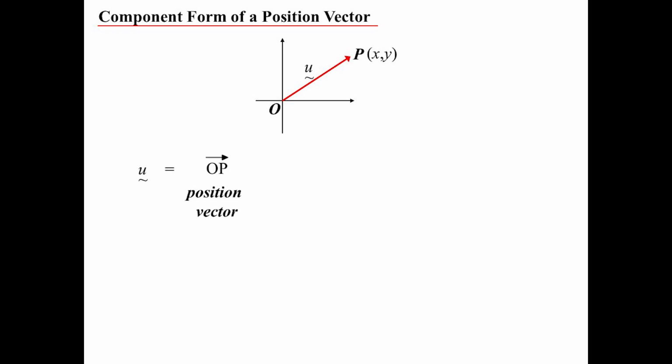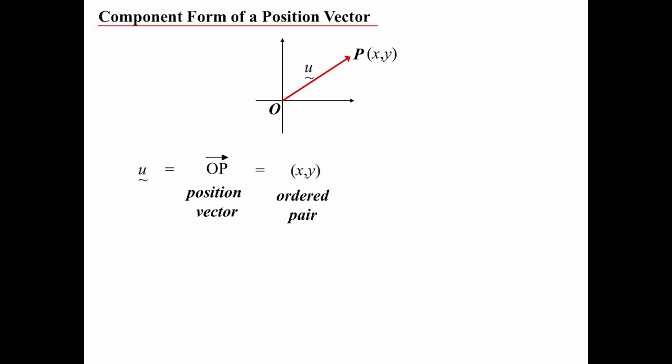So then we can get any position vector we like and break it up into two components. So there's our number plane. Let's say we've got the vector OP, so whatever coordinates P are, let's say they're x and y. Well, the actual vector I'm going to call u. So u is OP, that would be its position vector, but I could slide it anywhere and it would still be u.